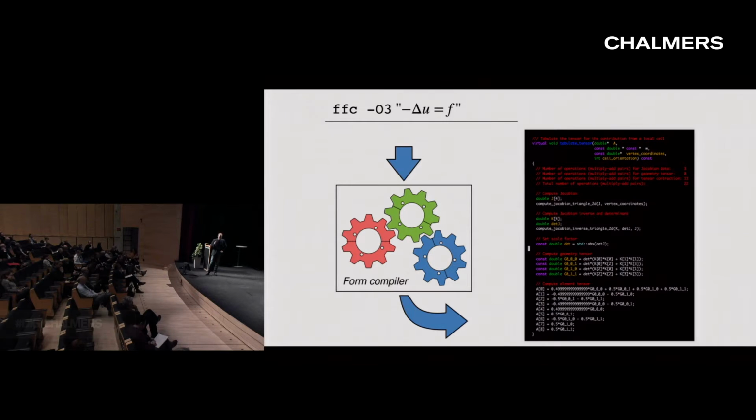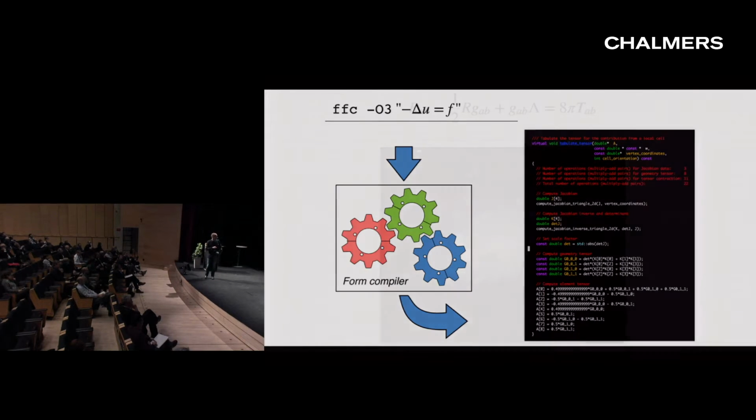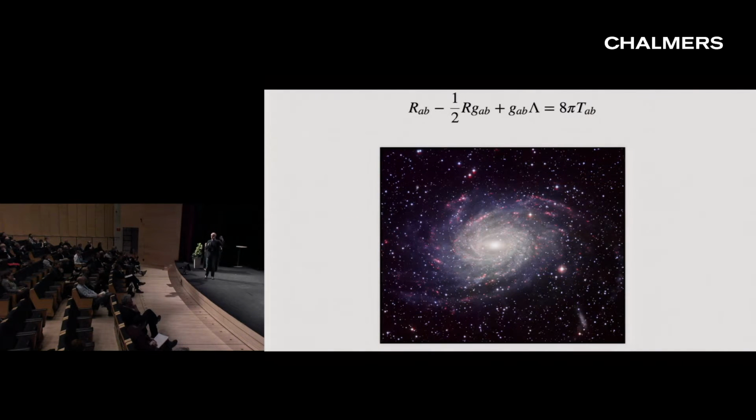And the idea we have to automate this is that we built a system where we can write down the mathematics in mathematical form, and then we generate these programs that solve the equations. So typically you have an equation like this one, and you write it down, and then you spend 5 years writing 100,000 lines of C++ or Fortran, and then you run the solver for 2 weeks, and then you get this nice picture here.